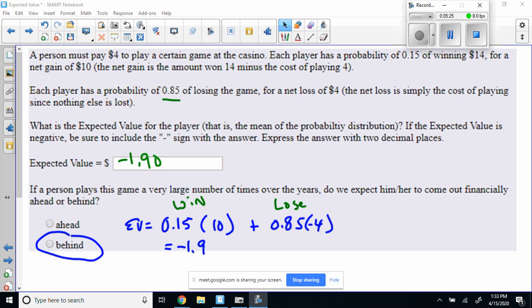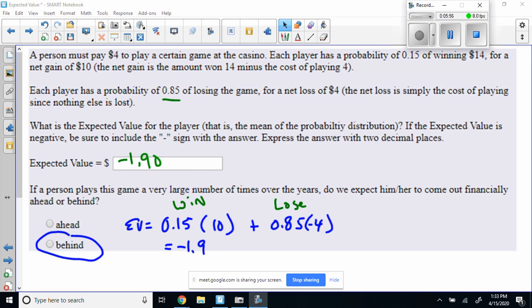The probability of winning is 0.15, which is 15%, and the winnings are $14. If you have to pay $4 to win 14, how much are you really gaining? That's right. That's why it said net gain of 10, right? So your winning amount is $10, right?